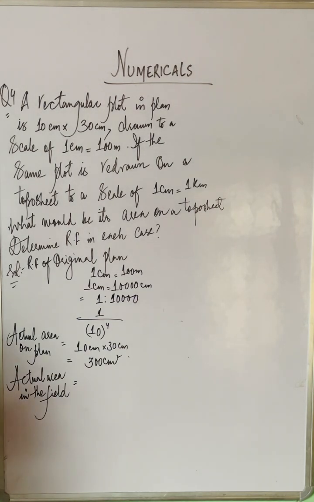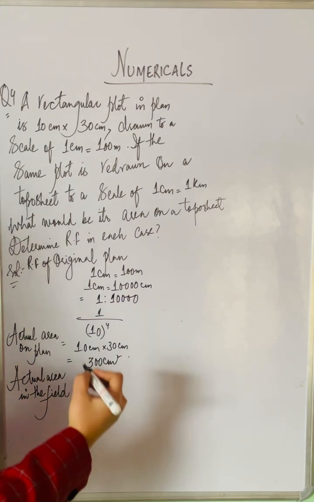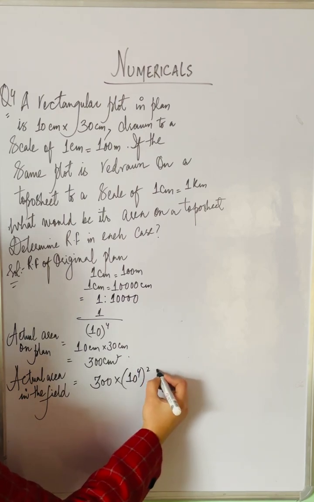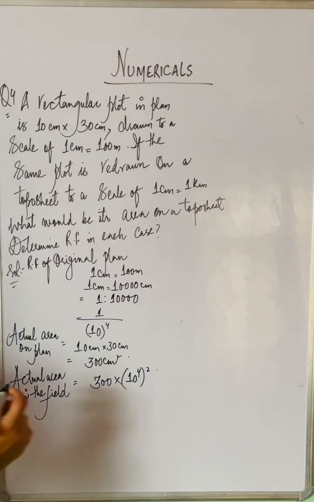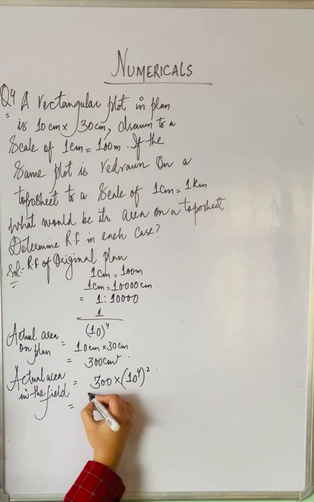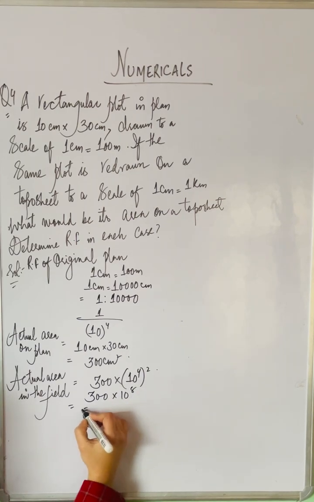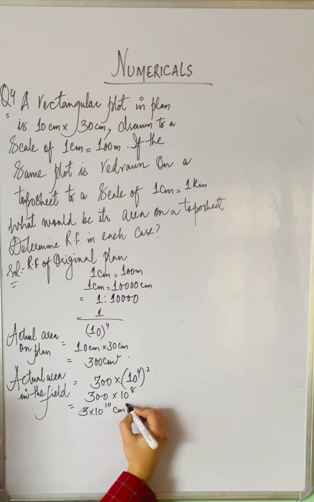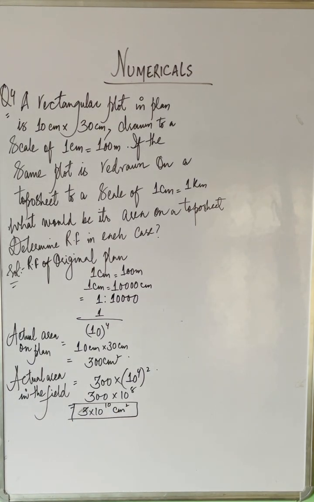So the actual area in the field will be the square of the scale, right? Because we are measuring area. This will be the actual area in the field, right?